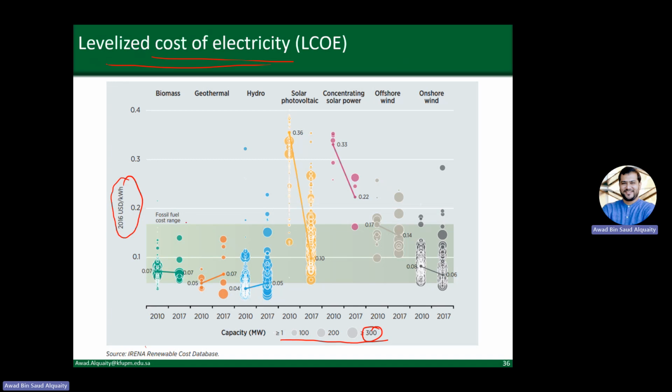So what are we looking at? We're comparing the fossil fuel cost versus geothermal here, and then we're comparing it with hydro, solar PV, concentrated solar, offshore wind, onshore wind, and so on and so forth. Now, obviously, one of the major changes that has happened in the last 10 years, if you look from 2010 to 2017, what this plot is showing is a huge drop in the prices for solar PV, and we see a similar drop for concentrated solar, not so much, but still a drop. And again, for wind, both offshore and onshore.